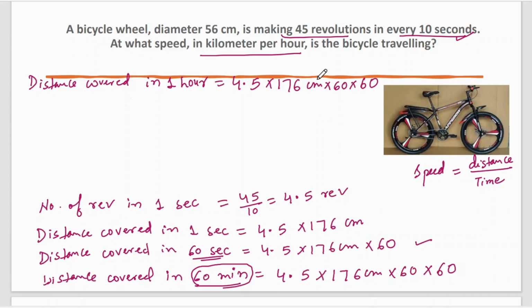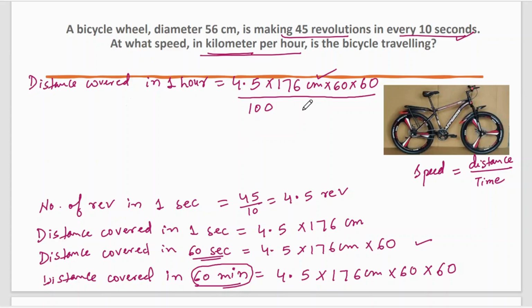Now you can see the data is in centimeter, but we want the data in kilometer. So how can we change centimeter into meter? We know that to change centimeter into meter, you have to divide by 100. Now the whole data has been converted into meter.